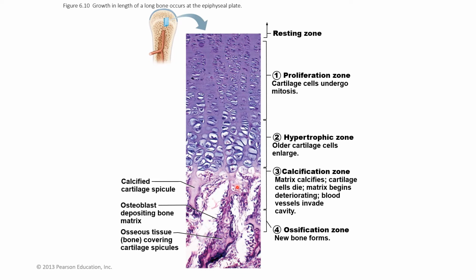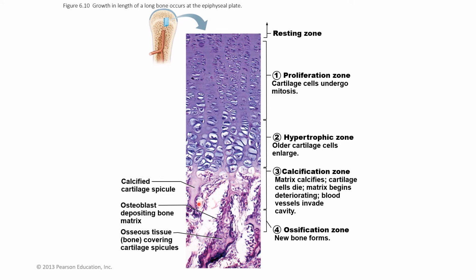And then down here, this zone is known as calcification. What's happening is calcium is being deposited, and when calcium gets deposited within the cartilage, it hardens it, and it makes it harder for nutrition to get to the cartilage cells. So the cartilage cells are starting to die.